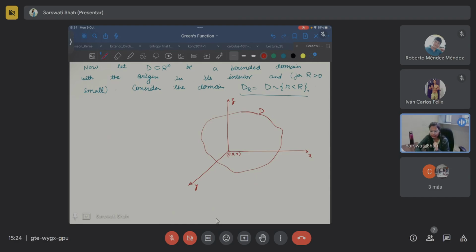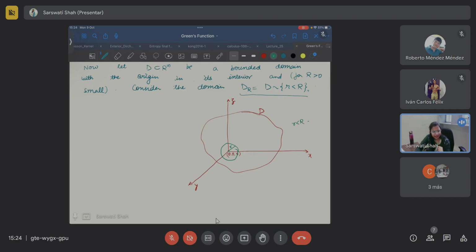Now consider a positive quantity r greater than 0, a small quantity, and then consider a ball with the maximum radius r, and then exclude that ball from the domain. Consider this ball, whose radius is strictly less than r.